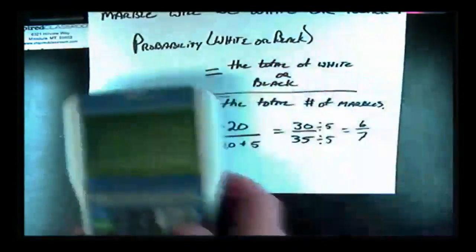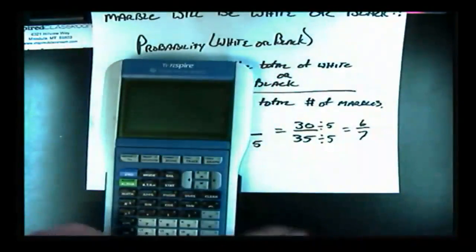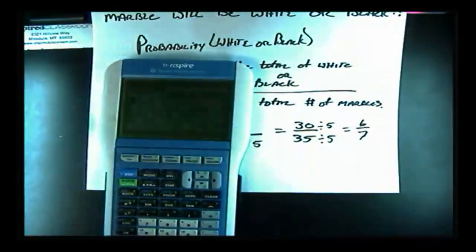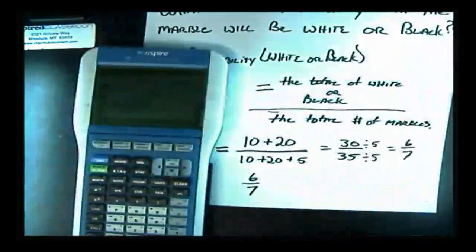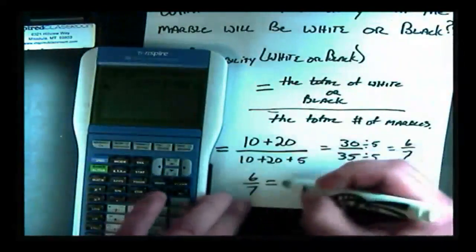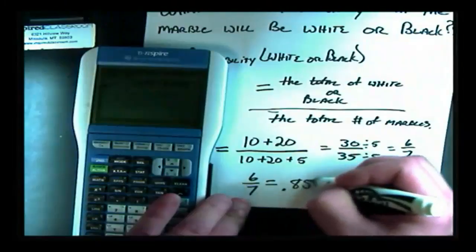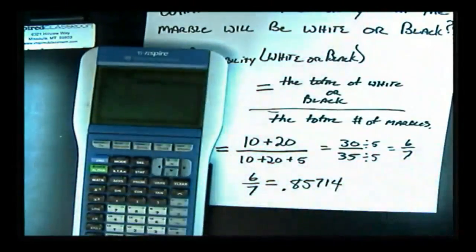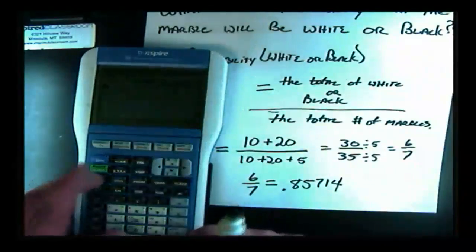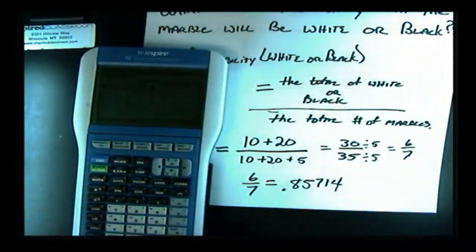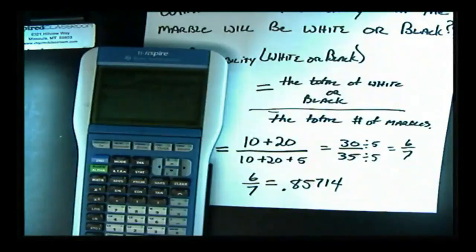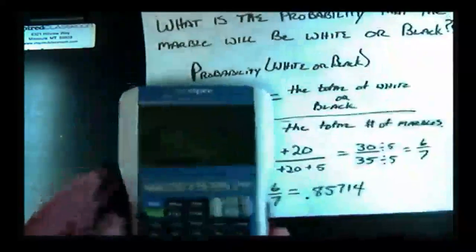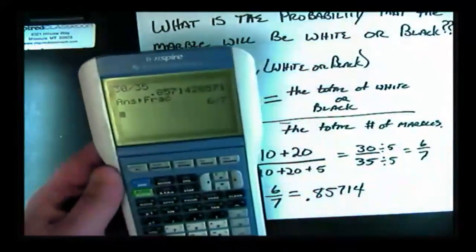Using our calculator, I can type in 30 divided by 35 and get this decimal. And I can reduce it, math, fraction, convert to fraction, and I get 6/7, like we said we would.